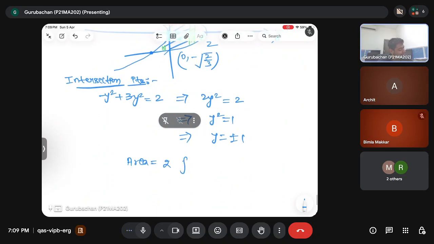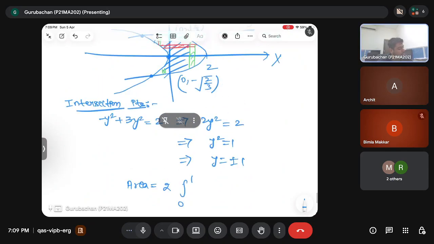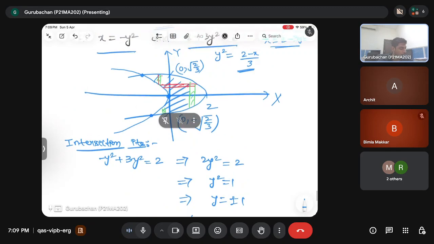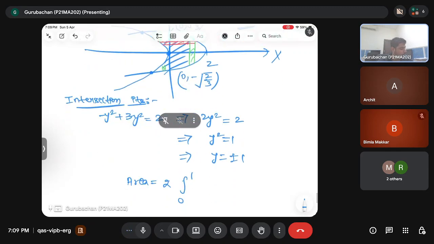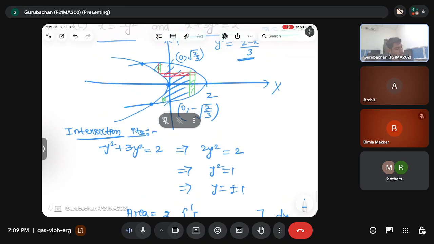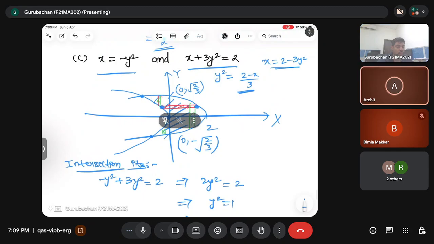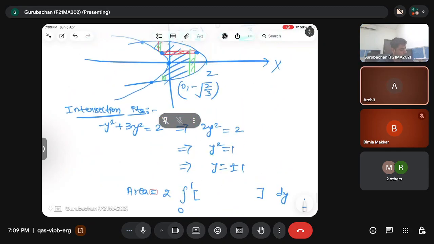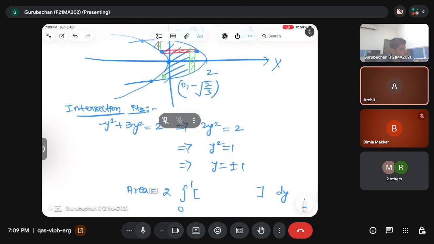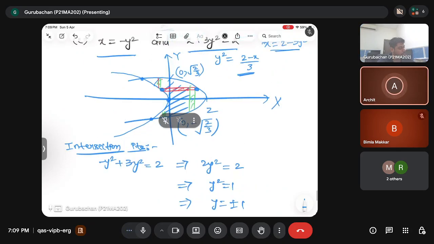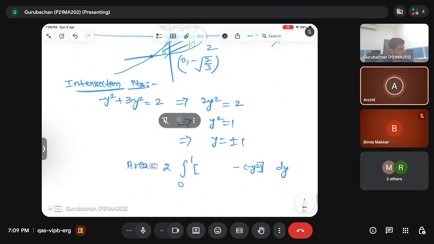So this is 0 to 1 because it is symmetric, so I'm only calculating the part above the axis. This is because of dy. What is the lower curve in terms of y? Obviously the lower curve is minus y square, and the upper curve is 2 minus 3y square.